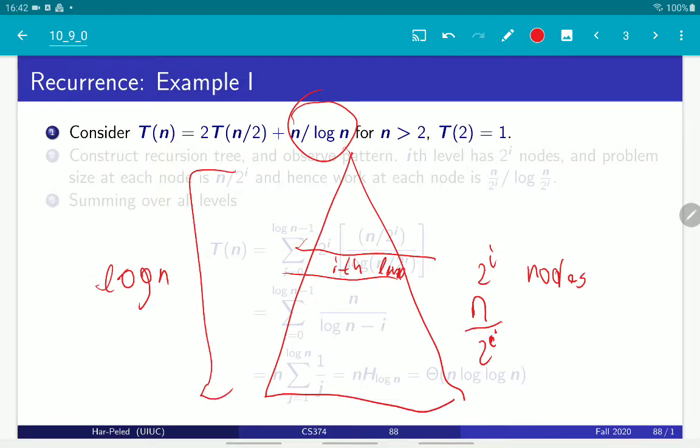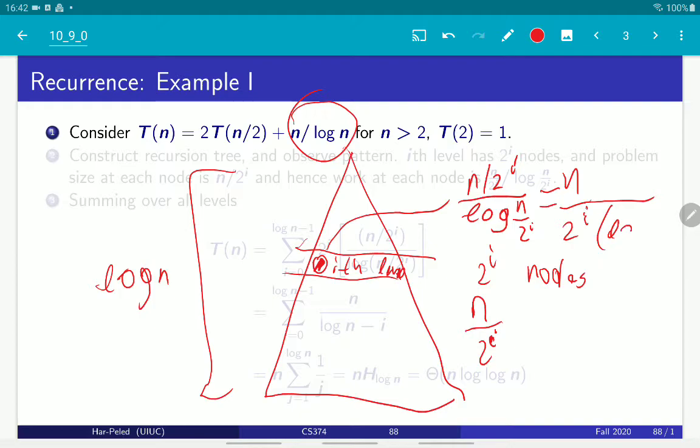For every one of the nodes here, the amount of work spent in the node, ignoring the recursive call, is going to be n over 2 to the i, divided by log of n over 2 to the i, which is n over 2 to the i, times 1 over (log n minus i).